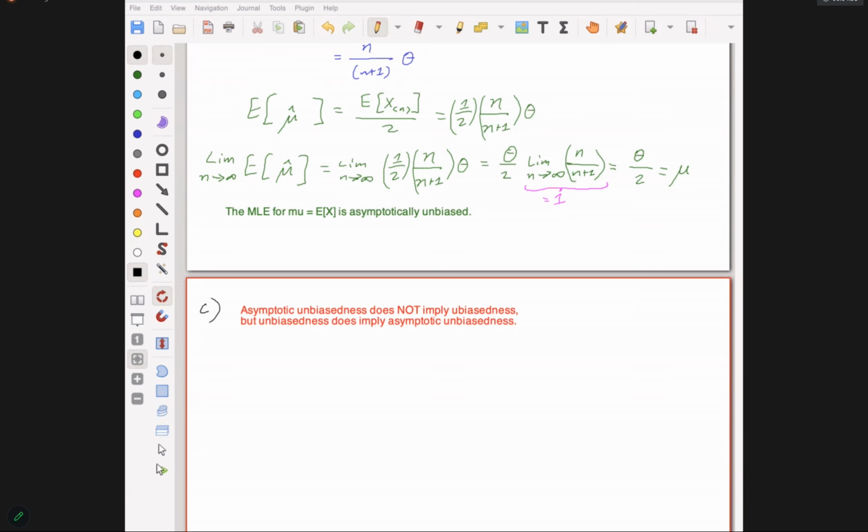No, our estimator mu hat is based on the sample. So remember that mu hat here, which is the MLE for mu, which we are just defining as the expectation of x, is equal to the sample maximum xn divided by 2.